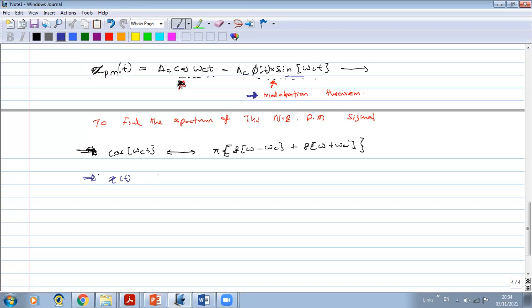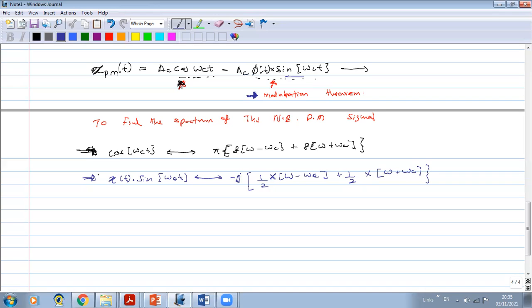If we have a signal x t sine omega c t, we can write the Fourier transform like this: minus j half X omega minus omega c, this is omega c now, plus half X omega plus omega c.